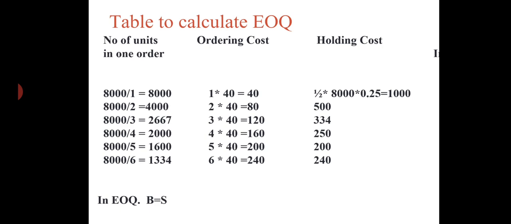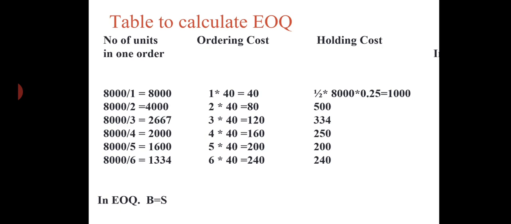Then next, if the order is placed 4 times in a year, that is 2,000 in each order, the total cost is 410.